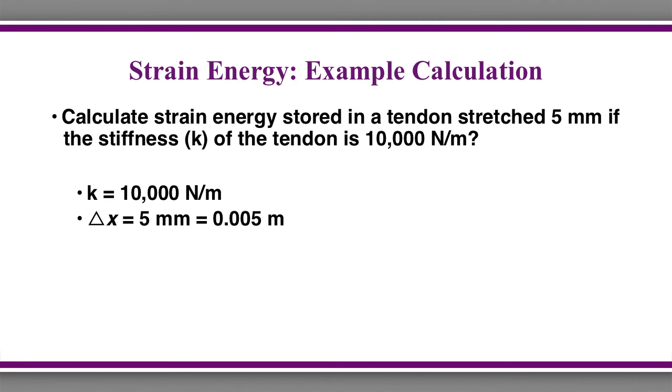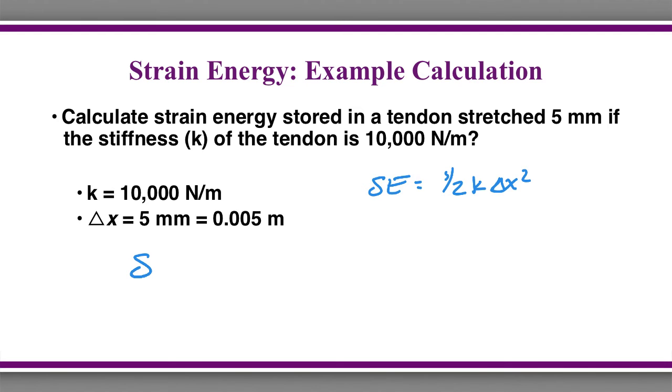So if you were asked to calculate the strain energy stored in a tendon that is stretched 5 millimeters if the stiffness of the tendon is 10,000 Newton meters. So we know that strain energy is equal to 1/2 K delta X squared.